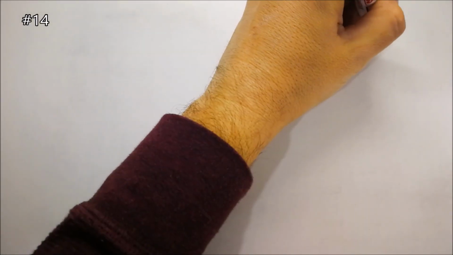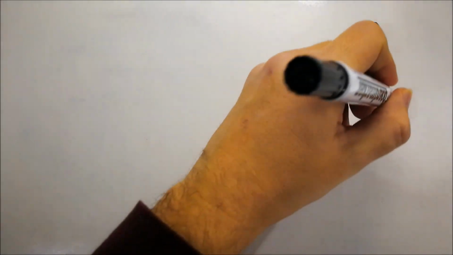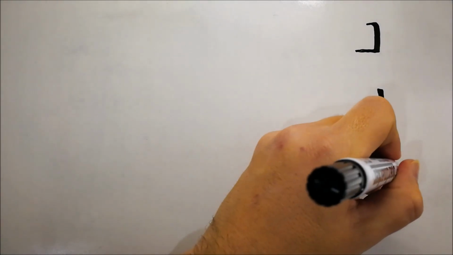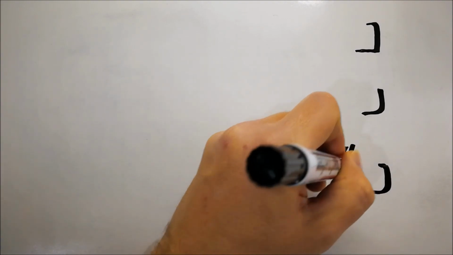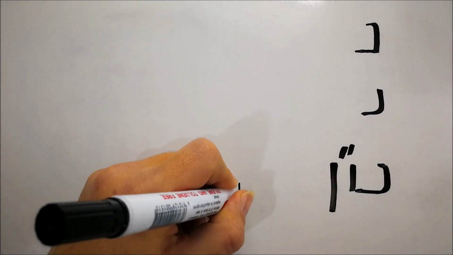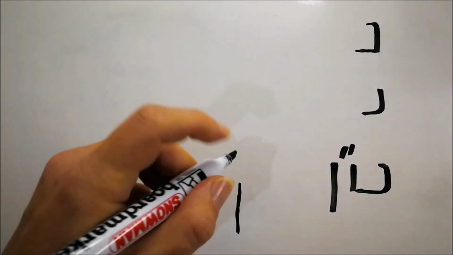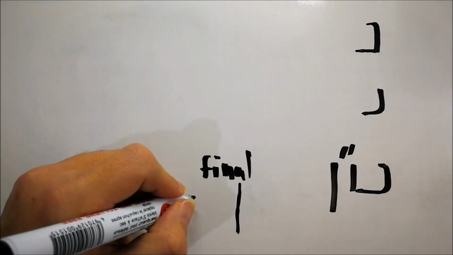The next letter is Nun. This is how you write Nun. This is how you spell the letter Nun. Nun also has a final form. Notice that the final form of the letter Nun appears at the end of the letter itself.